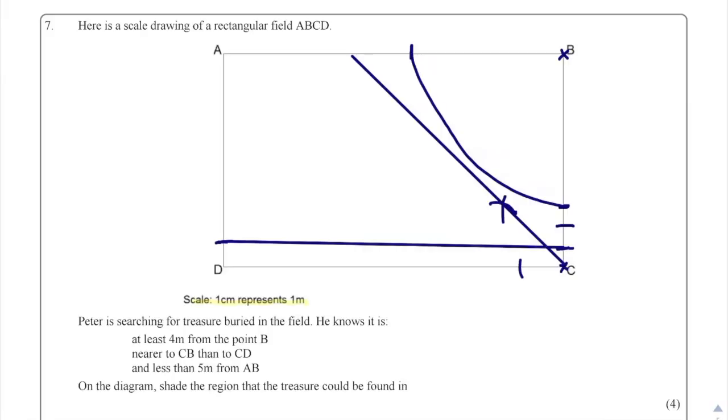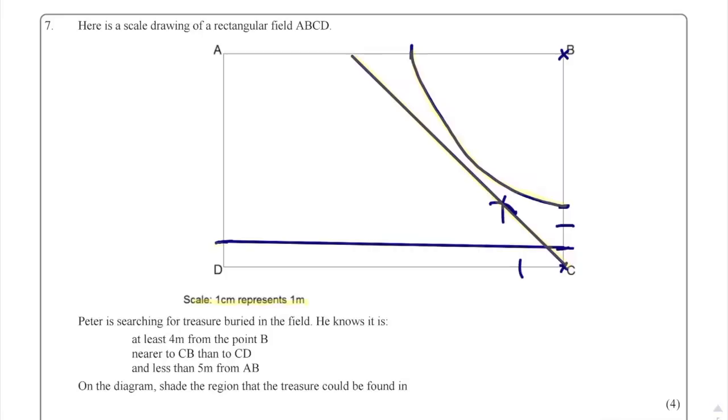So now we need to shade the region that the treasure could be found in. If it's at least 4 meters from the point B, it's going to be further than this arc, which we drew here. And then nearer to CB than to CD means our region needs to be above the angle bisector that we just drew. So everything above this line here, and then it's less than 5 meters from AB.